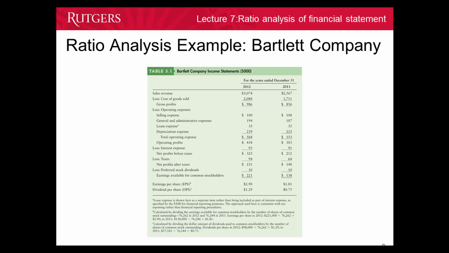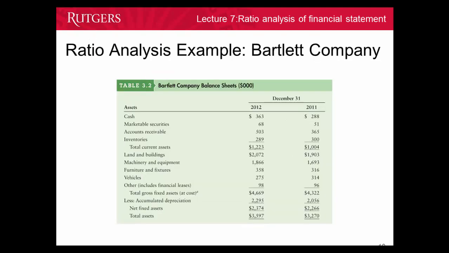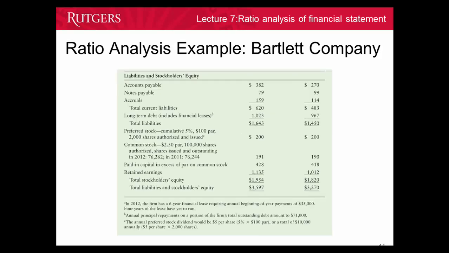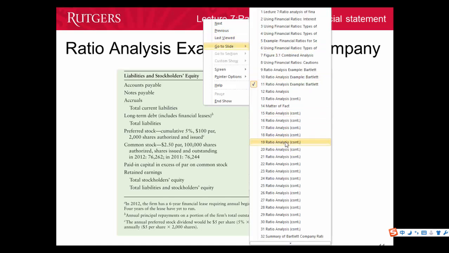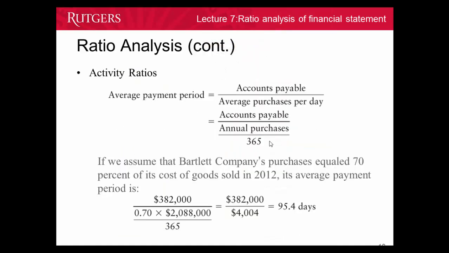So we obtain 4,004. Now let's find the account payable. On the balance sheet, we can see that the account payable is 382,000. So we use these numbers to calculate the ratio, and it equals 95.4 days.